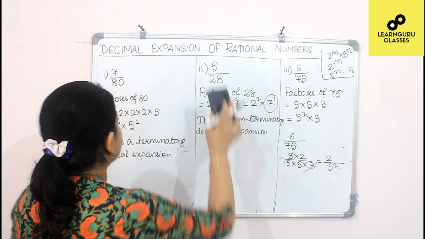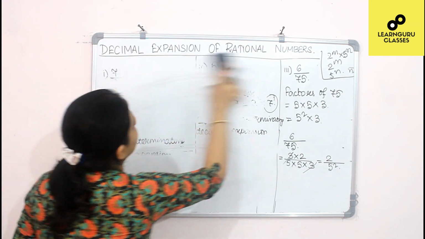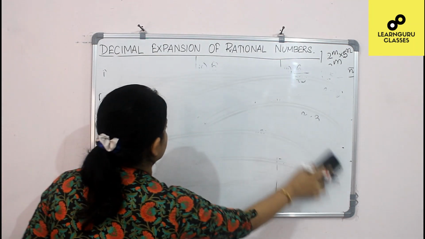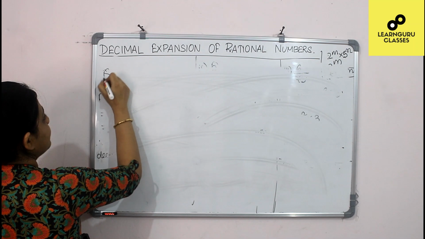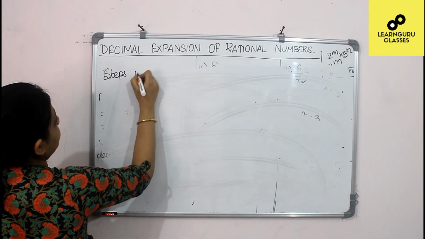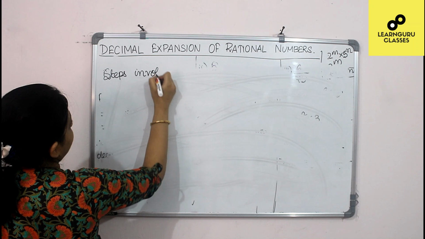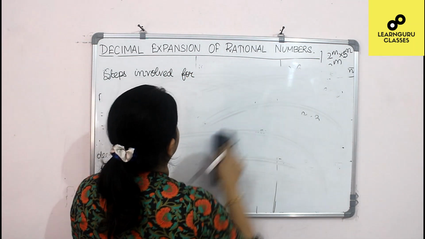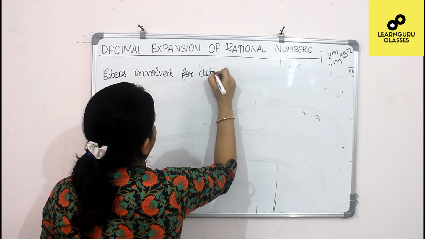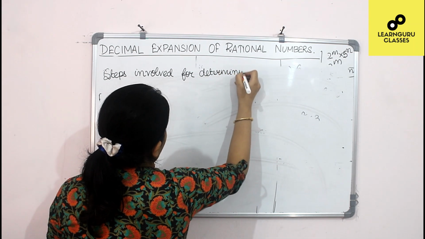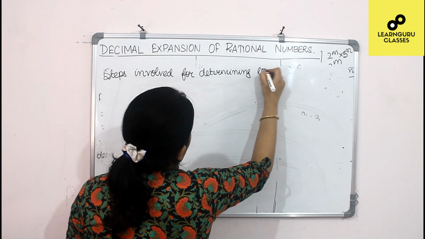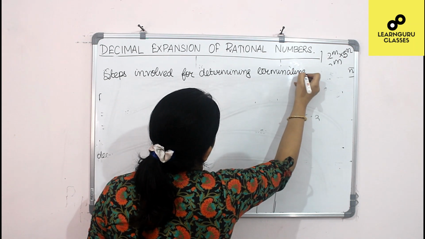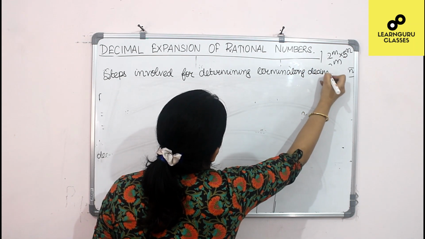So for determining terminating decimal expansion, what are the steps involved?